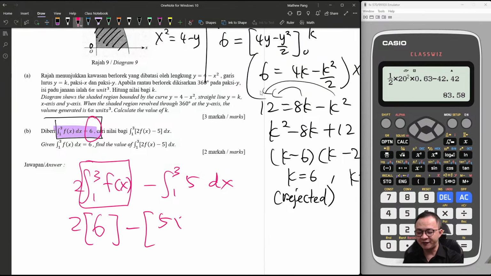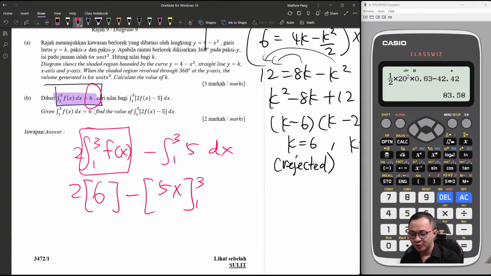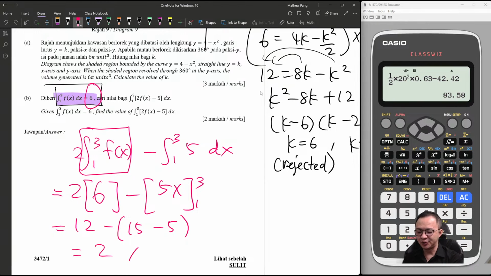Integrate 5, we get 5x from 1 to 3. So this is 12 minus, 15 minus 5, so it's 10. This is 2, the final answer. Sub in the 3, minus, sub in the 1.